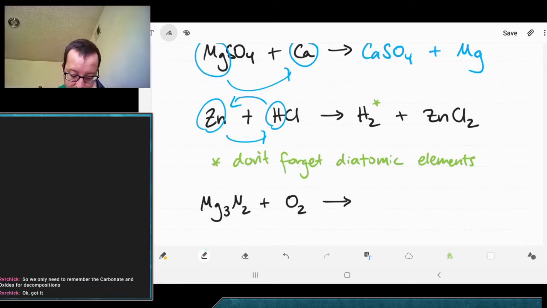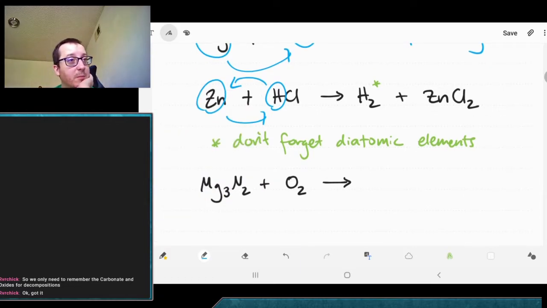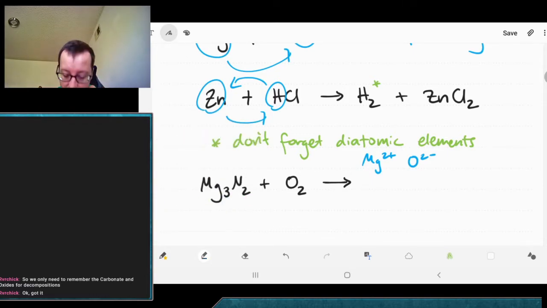And so if we want to think about how that's going to work, if we want oxygen to come in and kick out nitrogen, we have to remember, okay, magnesium is always 2 plus, oxygen is always 2 minus. So if we want those to form a compound together, that's just MgO. The charges are the same, so they cancel out. And then we kick out our nitrogen here.